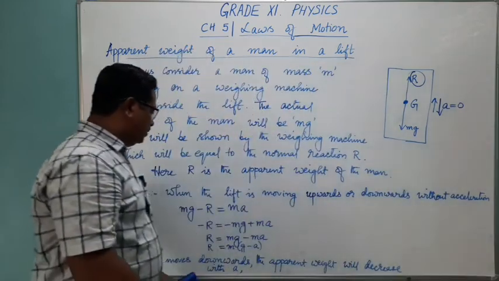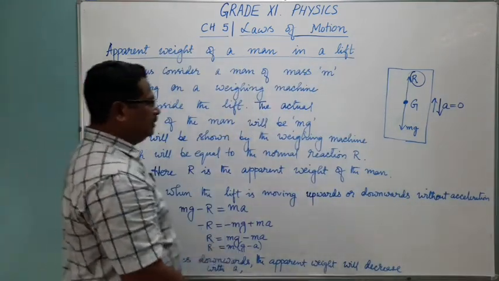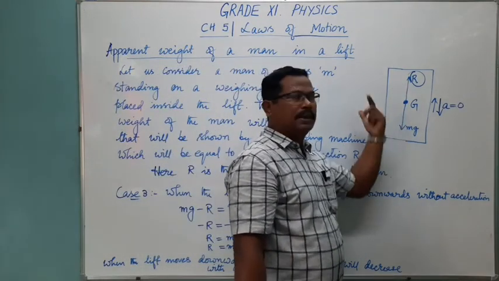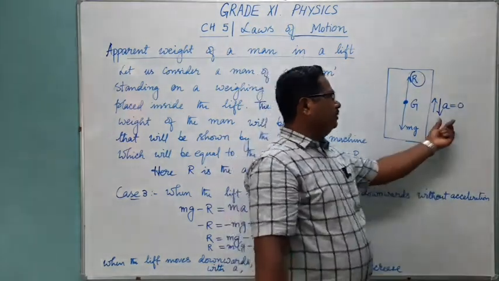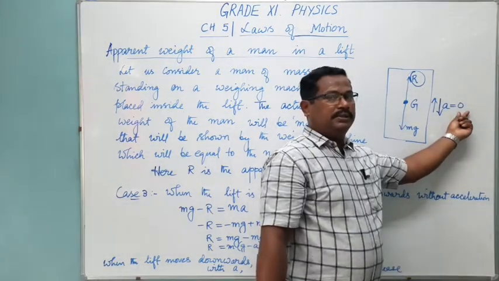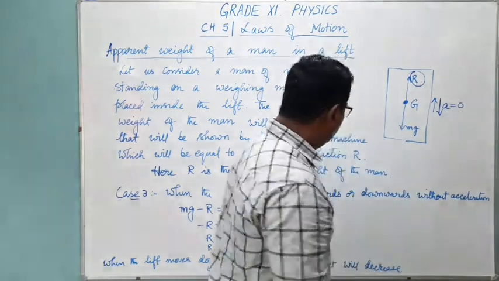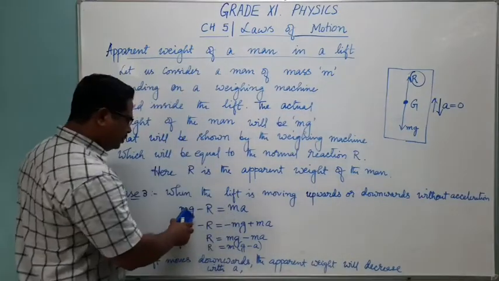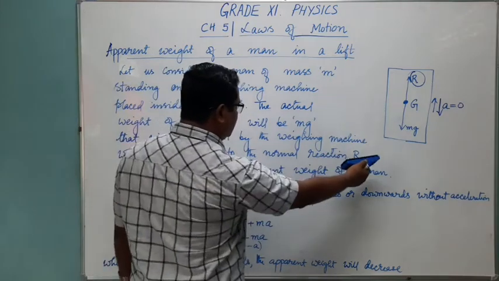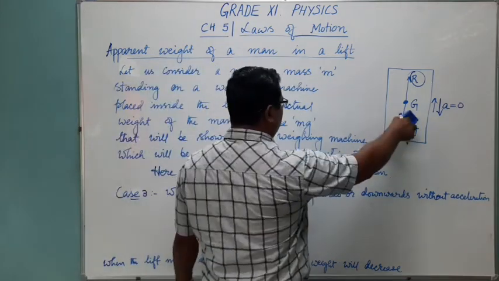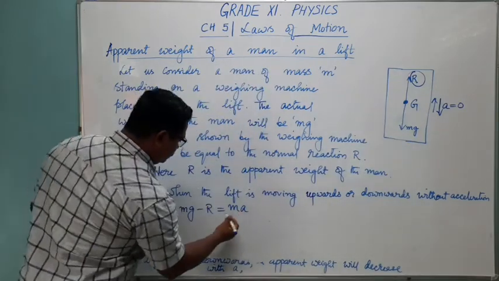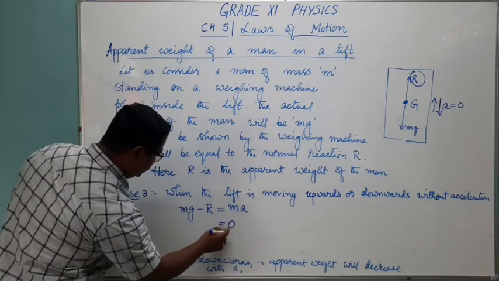Suppose acceleration is 0, then in that case you can take either of the two, R minus mg or mg minus R, both will be the same, because m into a, the force exerted by the lift, is going to be 0. A is 0 here, m into 0 will become 0. If it is moving up, take R minus mg. If it is moving down, we'll take mg minus R. That will be equal to 0.